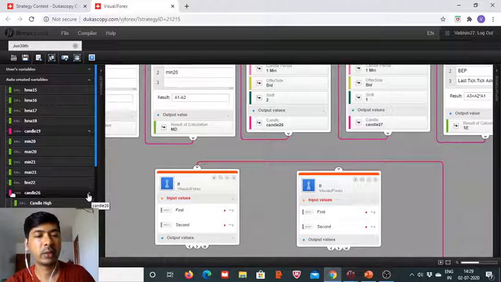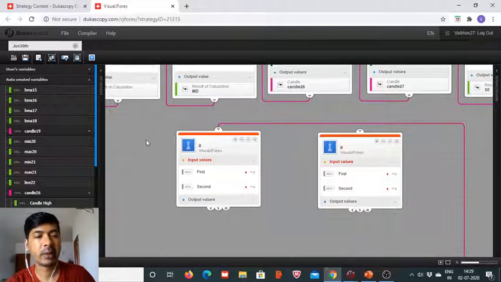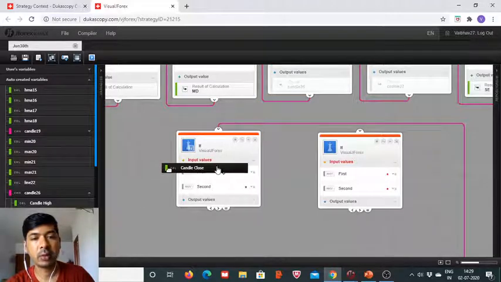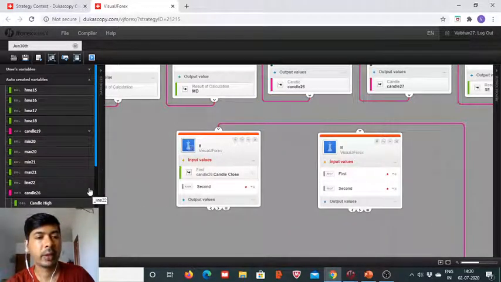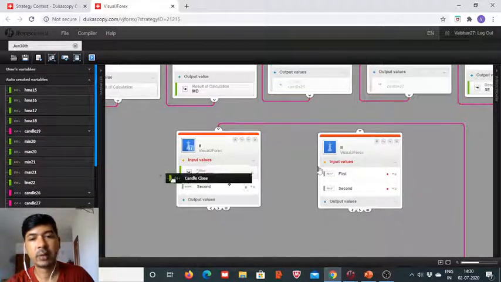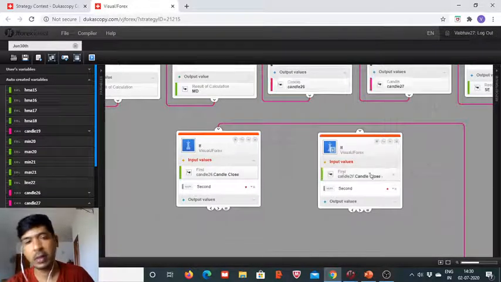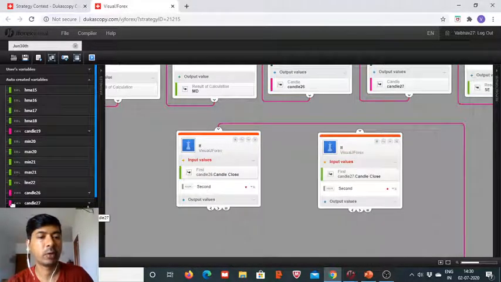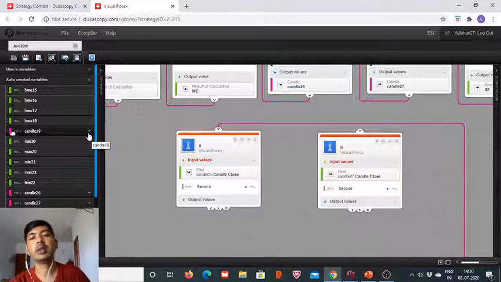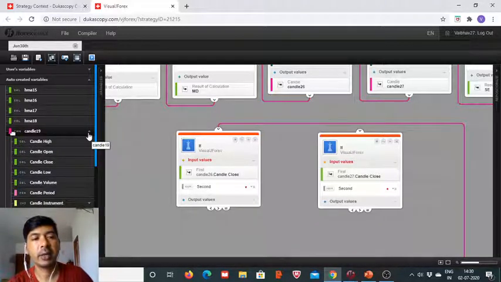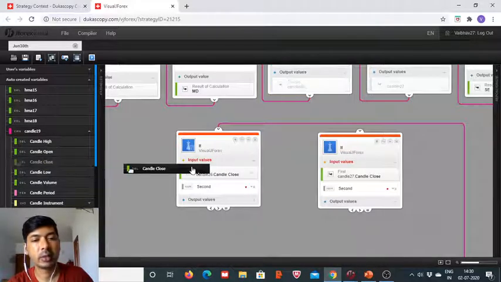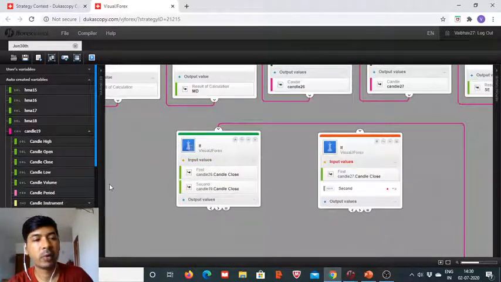So here it is, candle 26 closing level and candle 27. Okay, and there is only one more historical candle which we are using in this setup, which is candle 19, which is hourly candle close, and this is needed for our comparison.